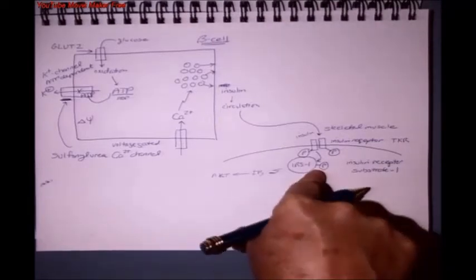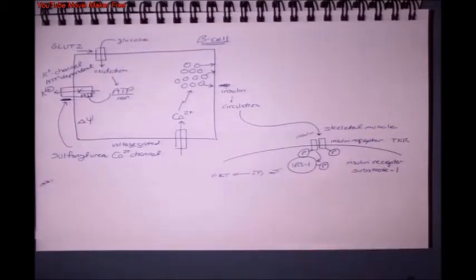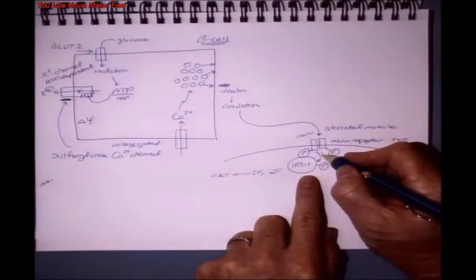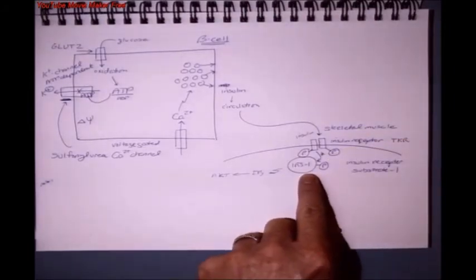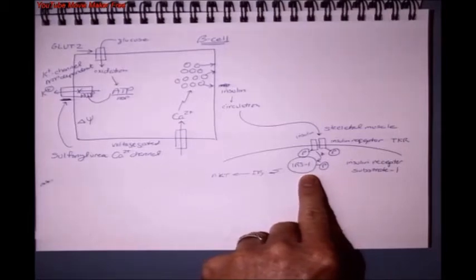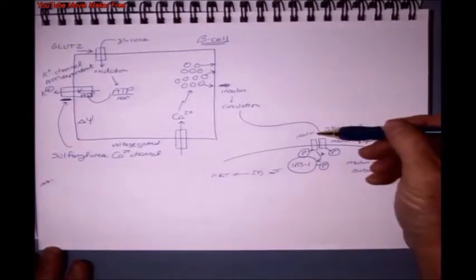I'm only interested in you remembering the IRS1 activation, because this activation step right here, the receptor activation of IRS1, is becoming the main site of insulin resistance. So individuals that are insulin resistant, they can still put out insulin.